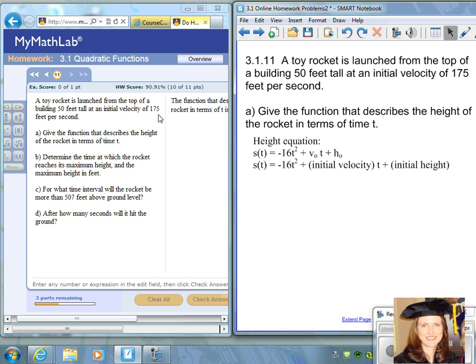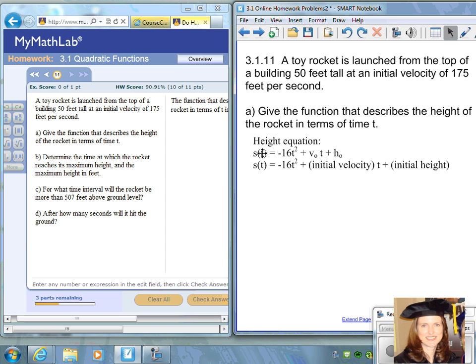Now, part A is, first of all, imagine a toy rocket is launched from the top of a building that's 50 feet tall with an initial velocity of 175 feet per second. Give the function that describes the height of the rocket in terms of time, t. Now I have listed on the instructor hints the height equation that we use. We use s of t to denote the height.